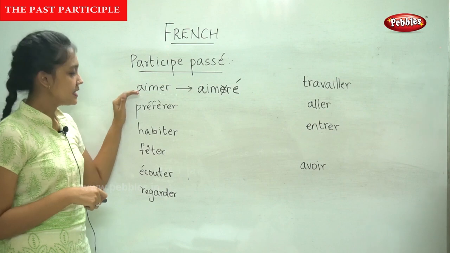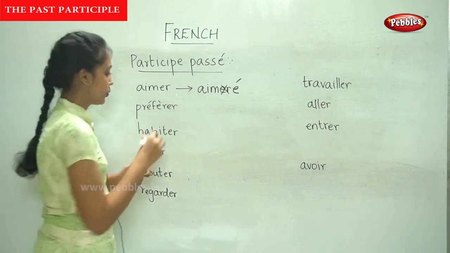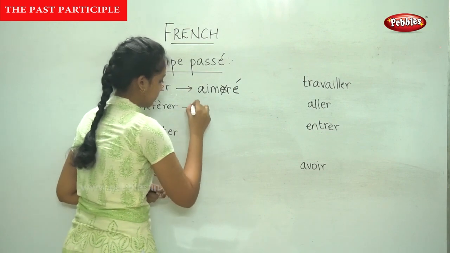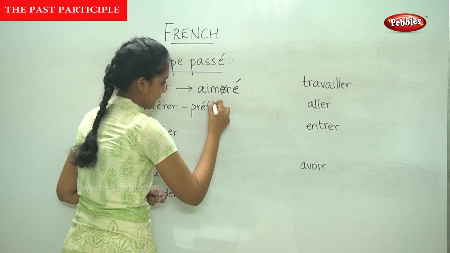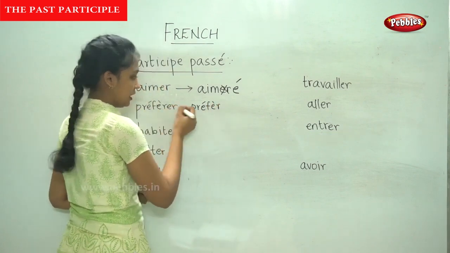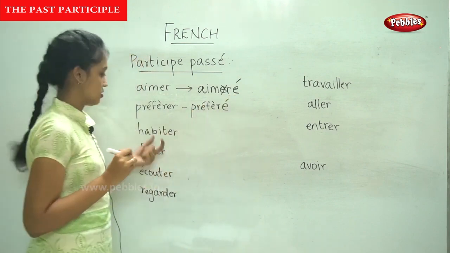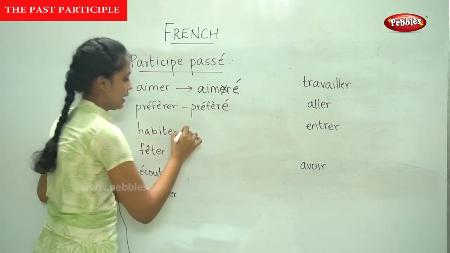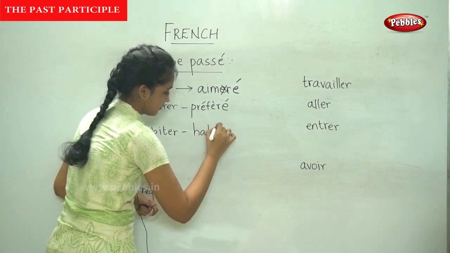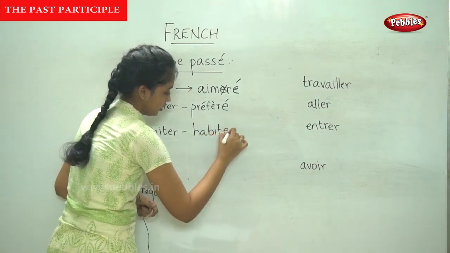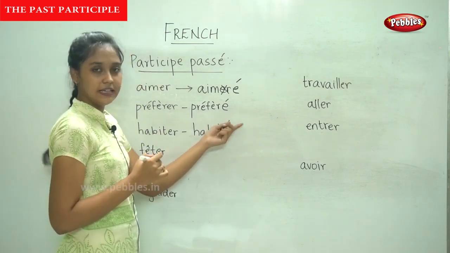It is the same for all the ER verbs. So do it along with me. For préférer, remove ER and replace it with E and an acute accent. Next, habiter. Remove ER and add E accent.